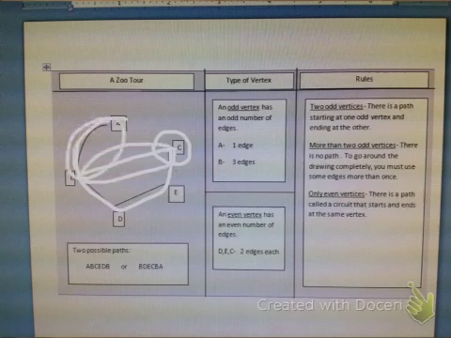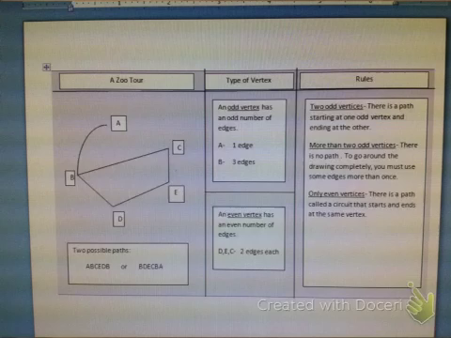And then we also have only even vertices. There is a path called a circuit that starts and ends at the same vertex. A circuit tells you that the path must come back to the starting point.